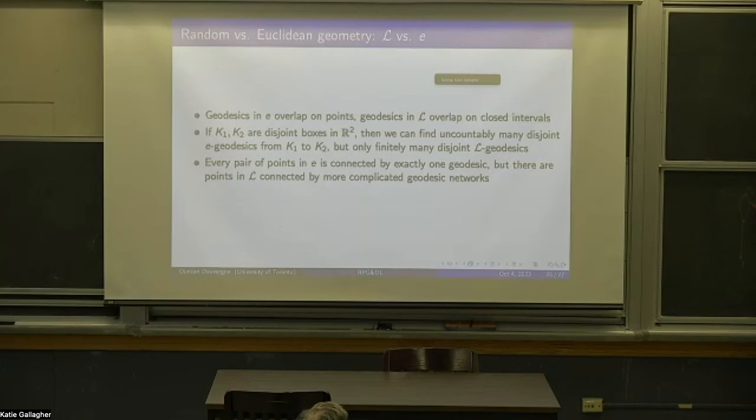Maybe you can have points that look something like this. The goal is to come up with some natural classification of the sets of geodesics. These are called geodesic networks.